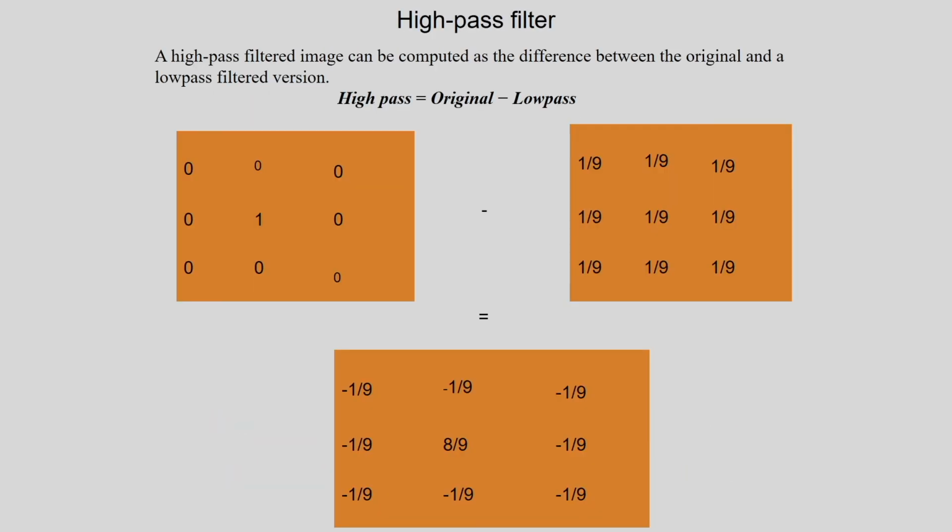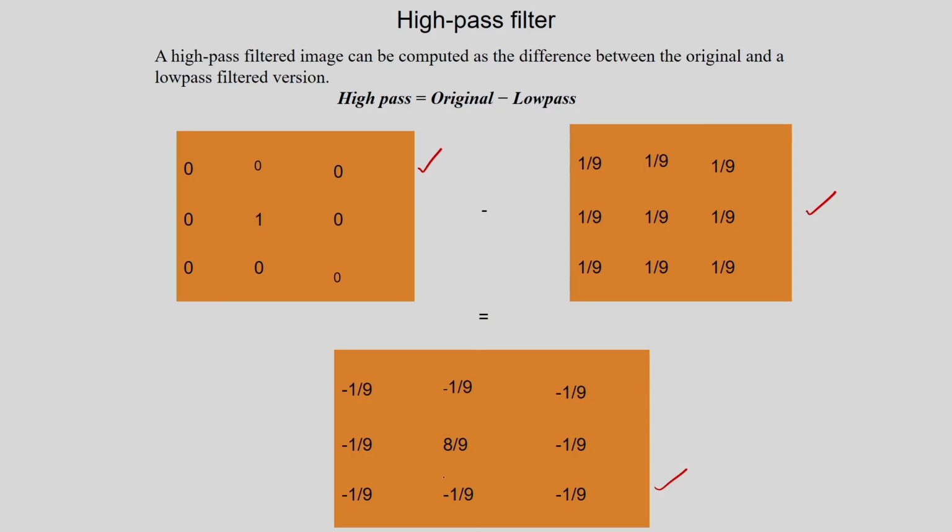So in this case I have shown the masks corresponding to the high pass filter. So the first mask, if you see this one, if I apply this mask, nothing will happen. So that means I will be getting the same image. That is why it is called the identity mask. The original image I will be getting, original image minus the average version of the image, that is the mask corresponding to the low pass filtering, 1 by 9, 1 by 9, 1 by 9 like this.